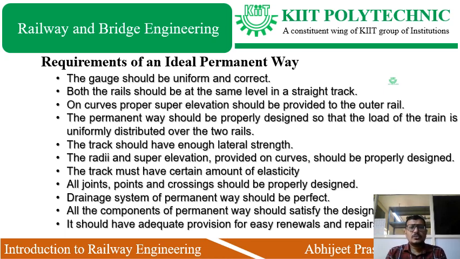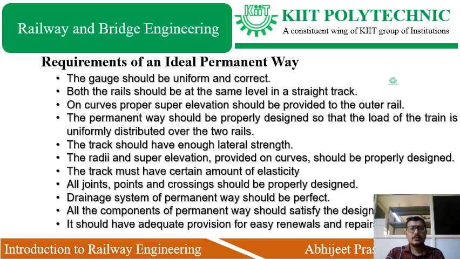The gauge should be uniform and correct. Before that we must know the gauge. Gauge is the center to center distance between two rails. Both the rails should be at the same level in a straight track. On curves, proper super elevation should be provided to the outer rail.